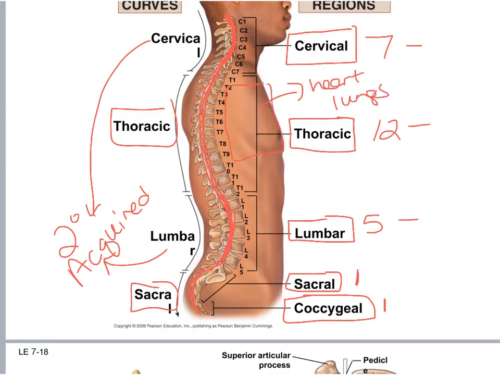That's why the thoracic curve is there at birth. And in the sacral curve, we have other organs down there, like the reproductive organs that are developing, as well as some of the urinary organs. So the sacral curve is that way to not impinge on those organs. Right, so you want to know the curves.